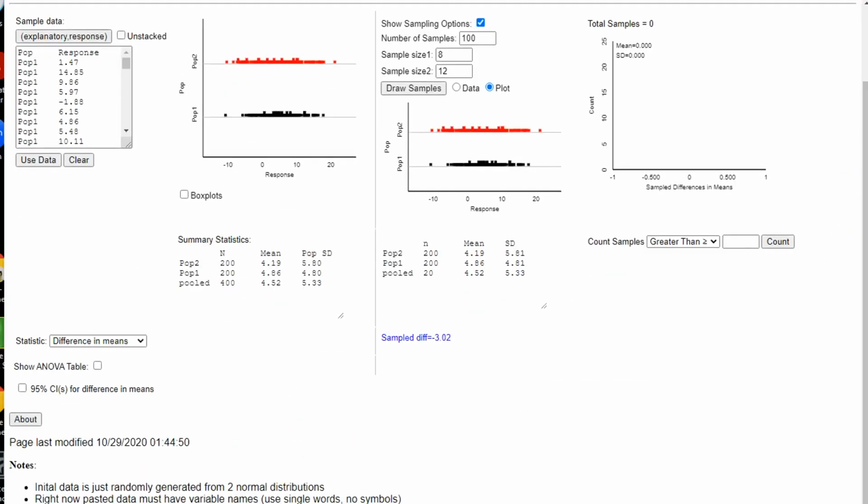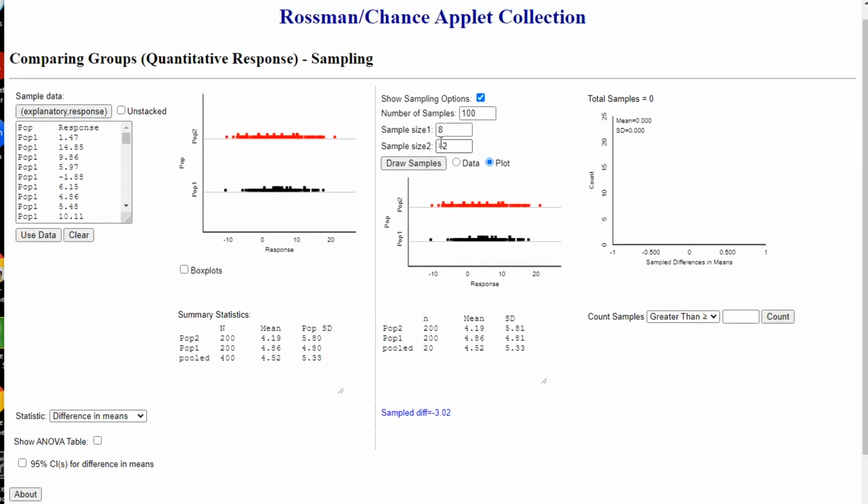And the other thing to note here is that the initial data is randomly generated from two approximately normal populations. So even though our sample size is not of sufficient size by itself to honor the central limit theorem, since they're drawn from two approximately normal distributions, the sampling distributions would be approximately normal in shape regardless.